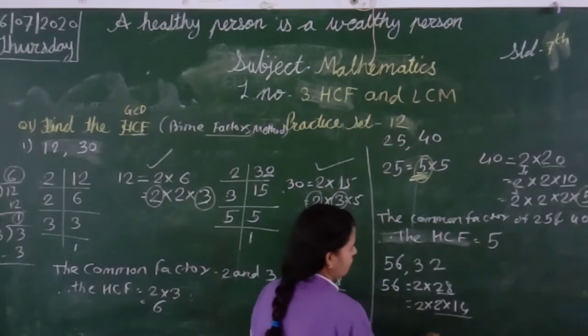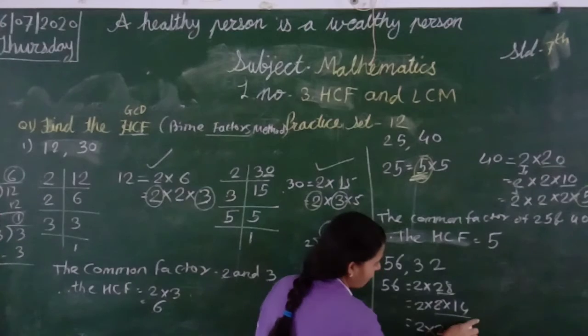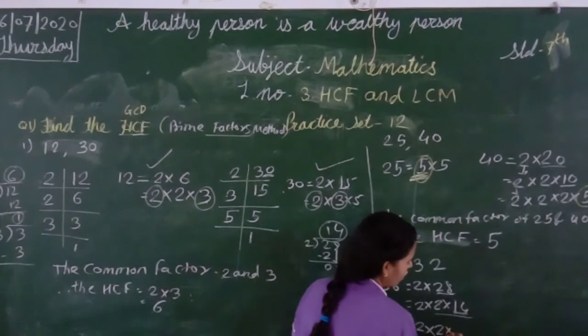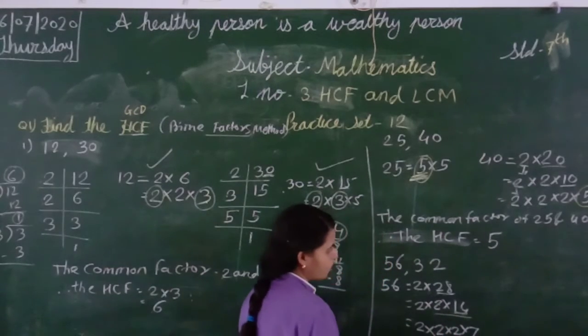Okay students, again is equal to 2. This 2, right. Students, 14 means what? 2 7s are 14.